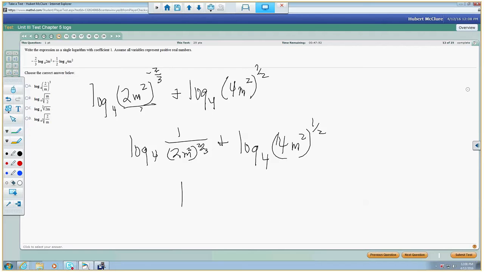Now that's log base 4 of 4m squared to the 1/2 over 2m squared to the 2/3. I'm just going to distribute. I'm going to do it different. So I'm going to distribute. I'm going to use the power rule. I'm going to try to do things different. Maybe we can find my error. I don't know.